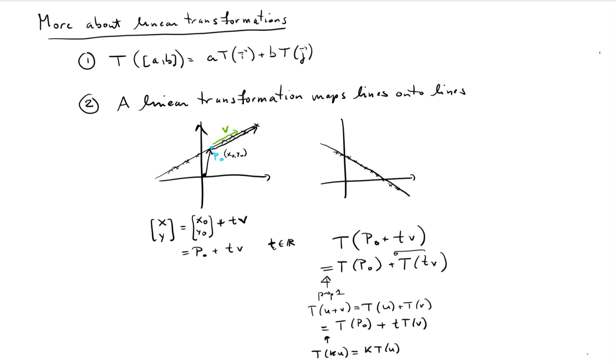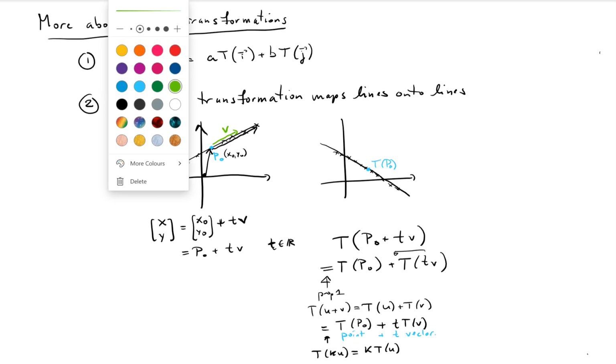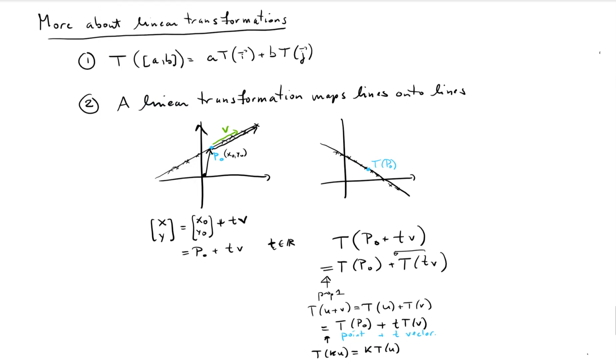Let's take a look at this. T of P0 is where P0 is sent, maybe here. Think of that as a point right here. T of v is another vector. I've placed v here, but since it's a vector, I can place it anywhere I want.